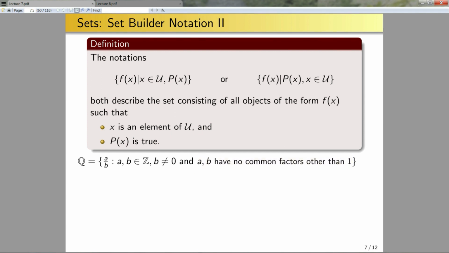One thing before we go on to the next slide: notice here that the statement that a and b have no common factors other than 1 is required to make Q a set. Explicitly, without this second condition, I could have an element, say 1/2, and an element, say 2/4, and we all know that 1/2 is equal to 2/4. So without this statement, we're including elements multiple times.